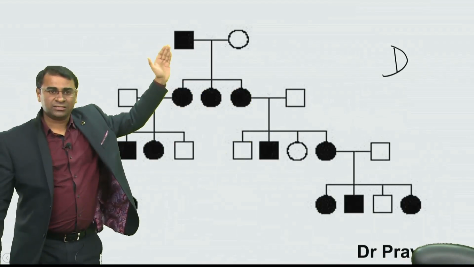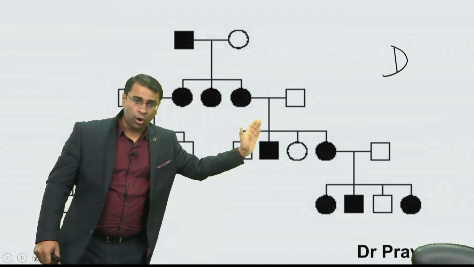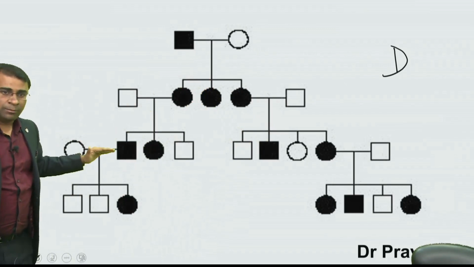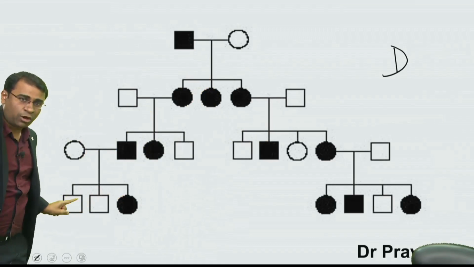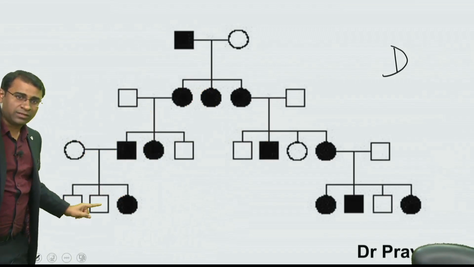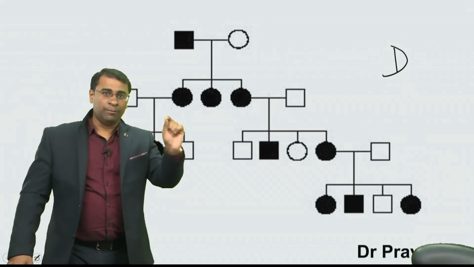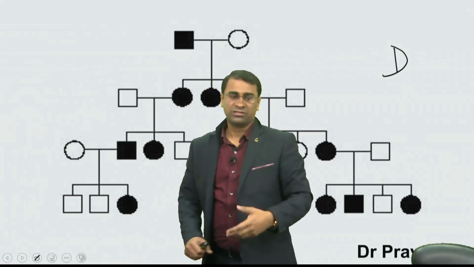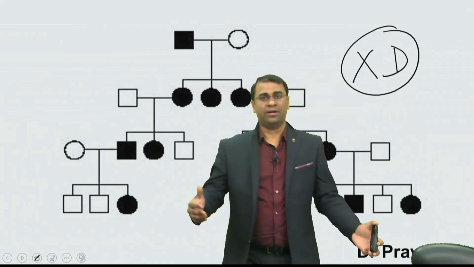Male diseased, all daughters are diseased. Remember this. Male, all daughters diseased, and all sons are normal. Got the point? So when a male is diseased, daughters are diseased, but not son. Male not giving to son. Obviously, X-linked dominant.